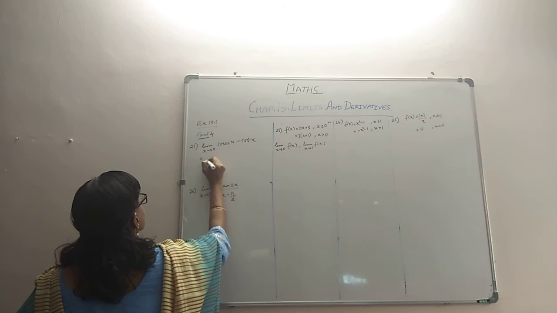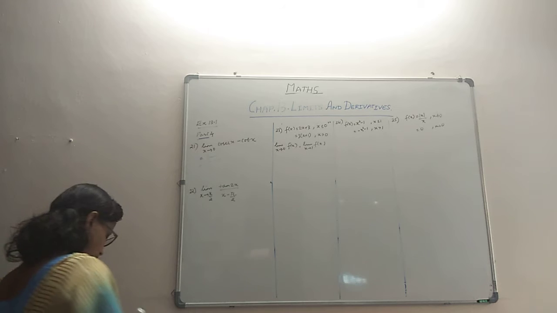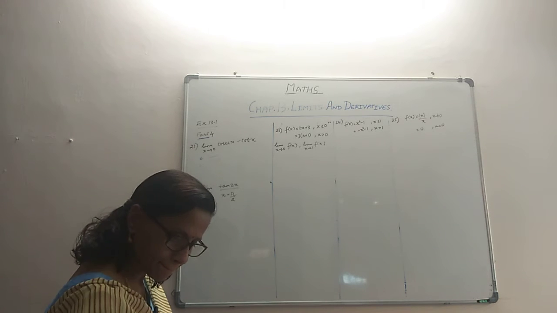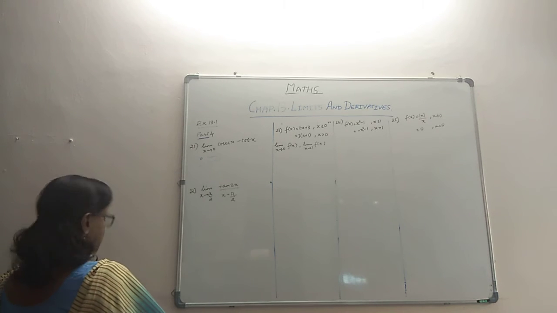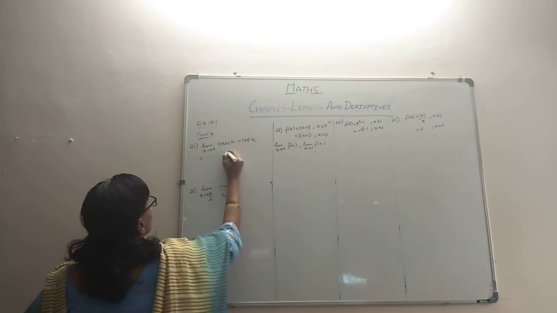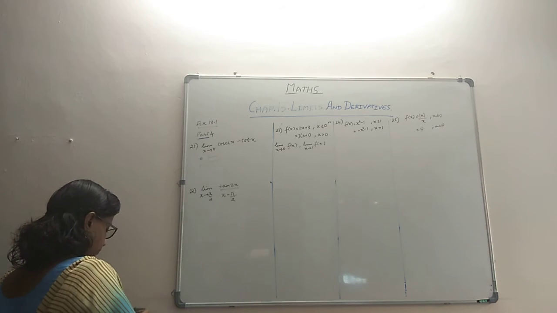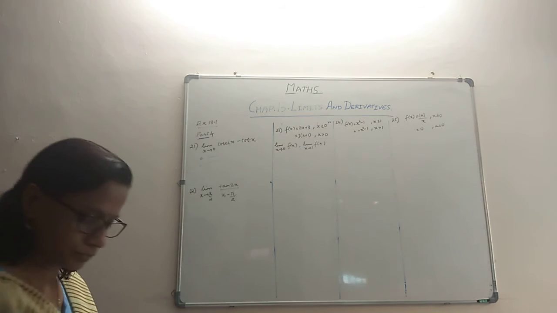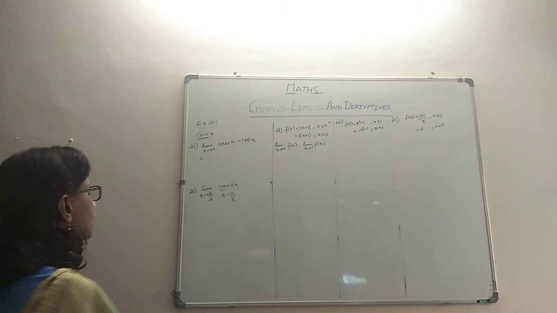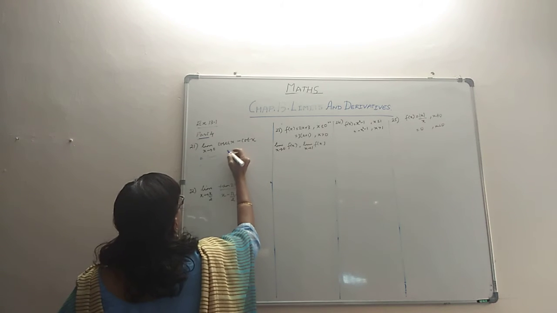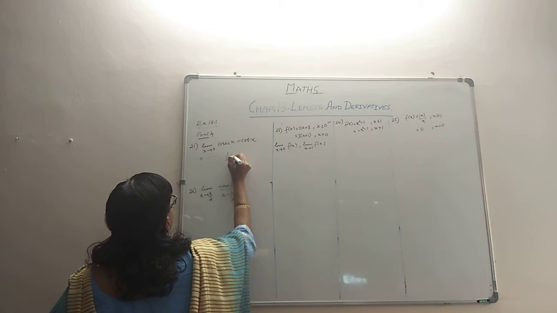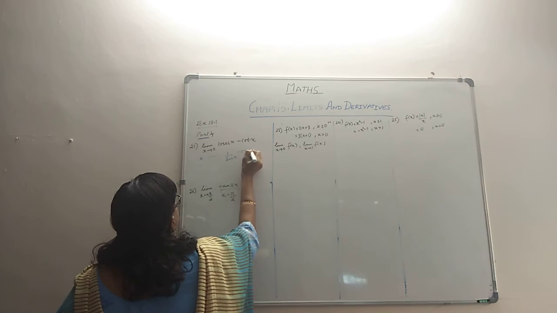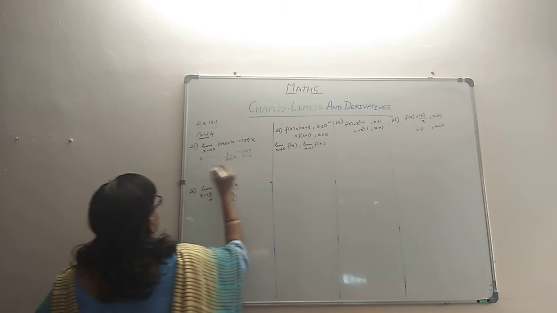Limit as x tends to 0 of 1 by sin x minus cos x by sin x.